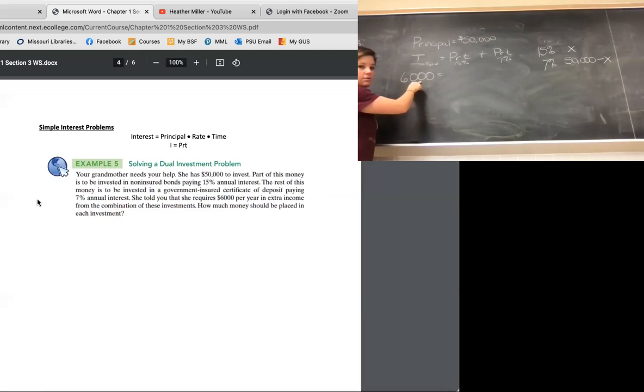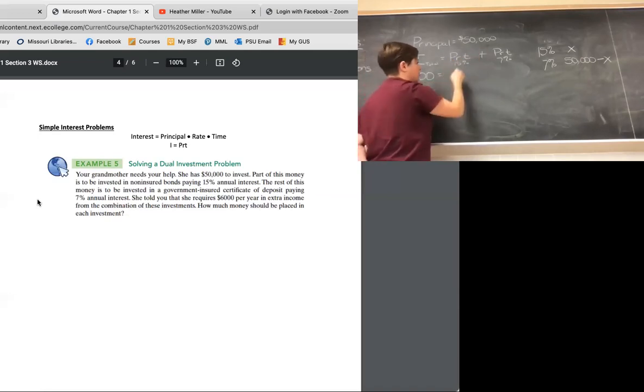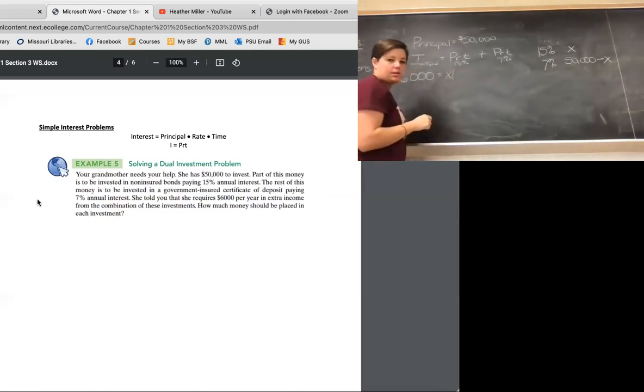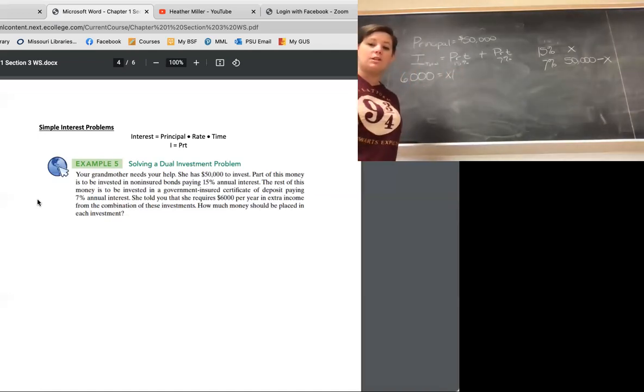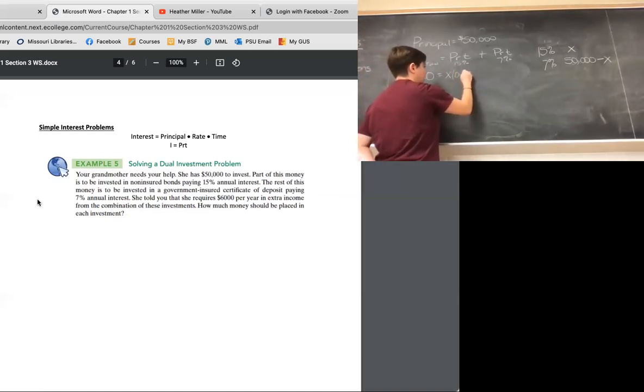She's going to get $6,000 every single year. So now let's look at our interest for 15%. We have our principal, which we said we're going to let be X. Our rate is 15%, but when you're dealing with percentages, you need to convert those over to decimals, so it's 0.15, and then our T is 1 year.